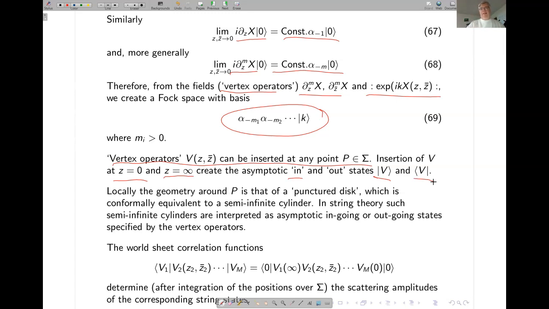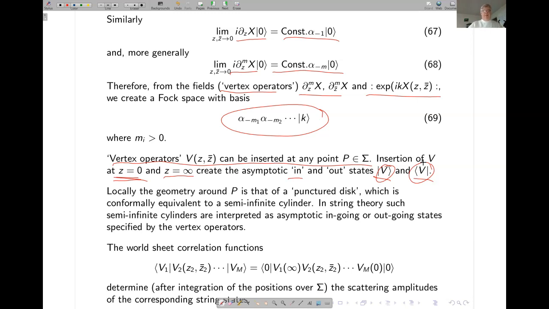This is to be taken with a grain of salt with respect to the space-time interpretation, because from the space-time point of view, particular coordinate values on the worldsheet do not have an invariant role. But for the sake of concreteness, you can, if you like, imagine a string being created at worldsheet position z equals 0 and propagating along and then ending up as a state in the infinite future, as state bra v.